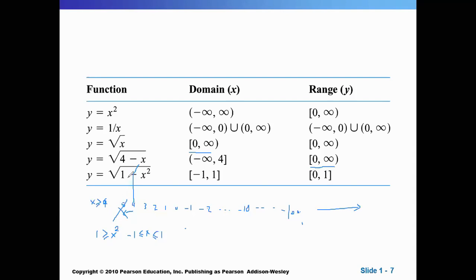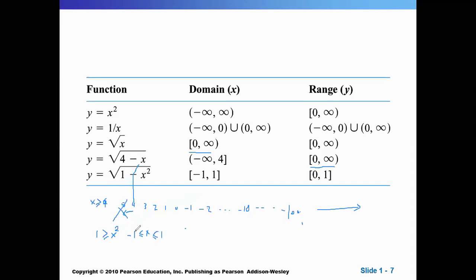دكتور. طيب على الرينج كيف أطلع الرينج؟ كلنا متفقين على الدومين يا شباب إنه حيكون نيجاتيف 1 and 1. ممتاز. قلنا الرينج كل اللي نعمله انه نعمل plug in the value of x هنا، والناتج تبع الجذر هو الرينج.